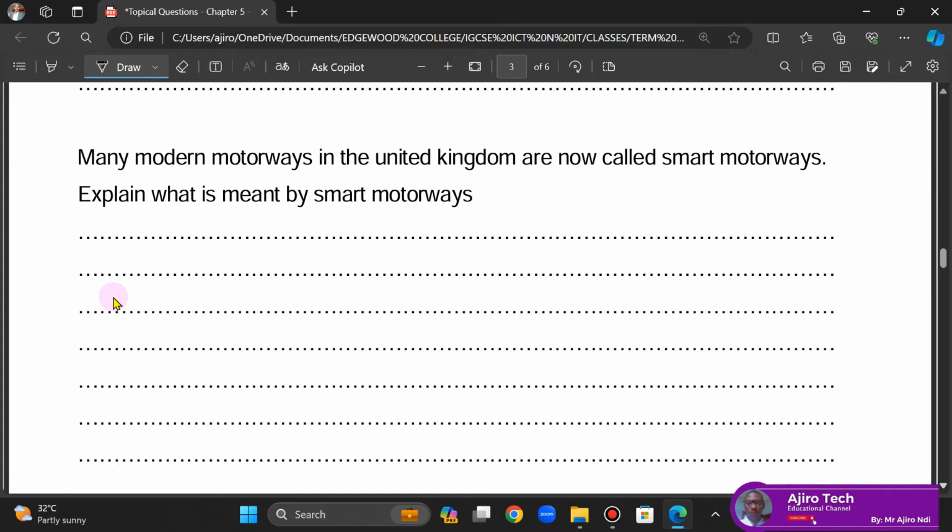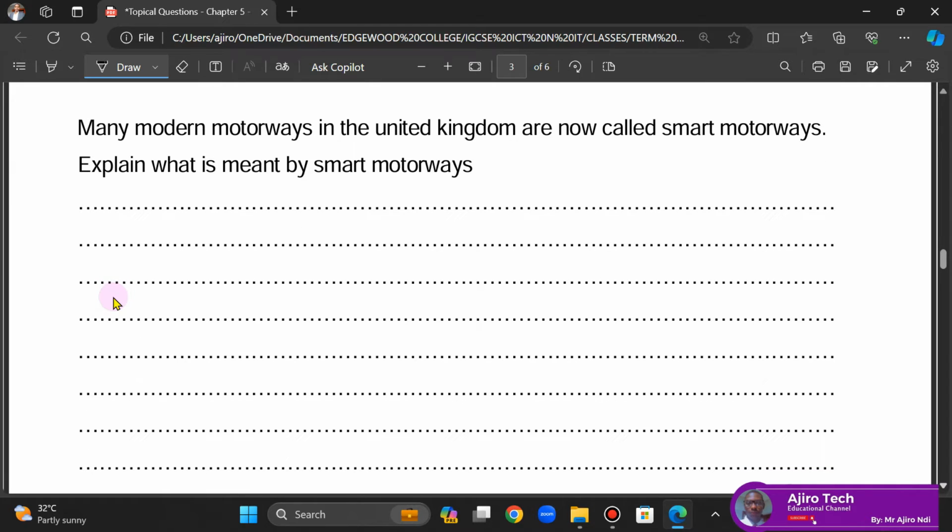Many modern motorways in the United Kingdom are now called smart motorways. Explain what is meant by a smart motorway. So let's look at it. The first thing is the monitoring and control of the traffic by a central computer system.